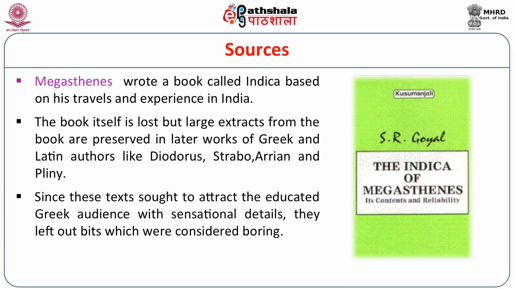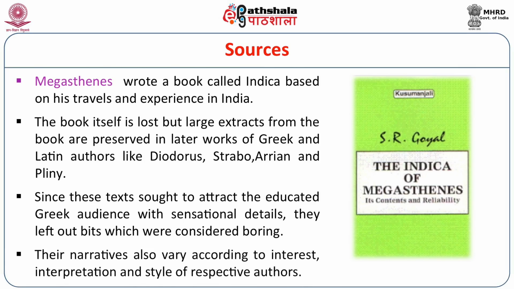Since these texts sought to attract the educated Greek audience with sensational details, they left out bits which are considered boring. This is the problem with the text. The other problem is that their narratives also vary according to the interest, interpretation and style of the respective authors.